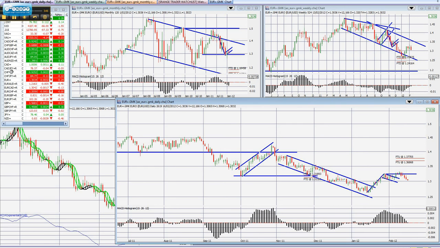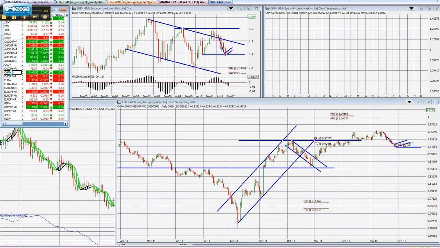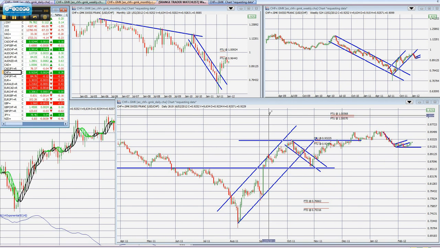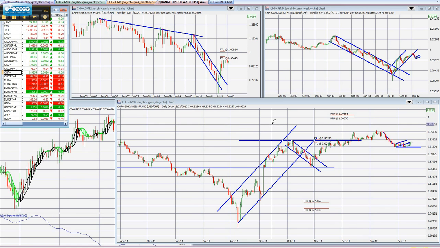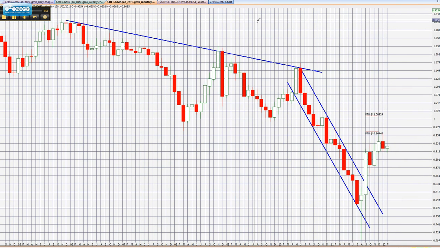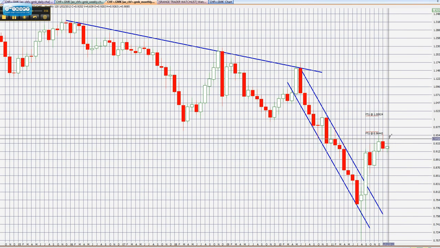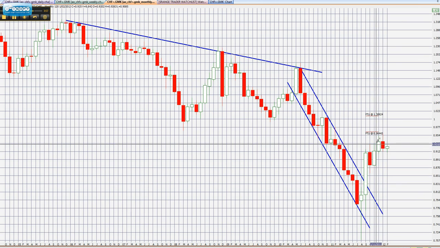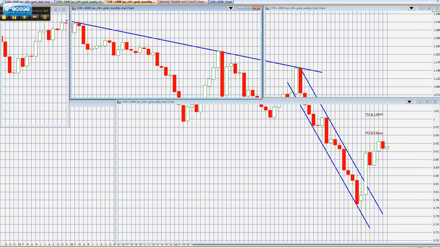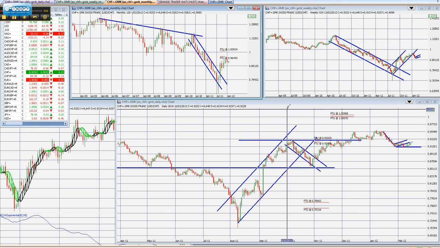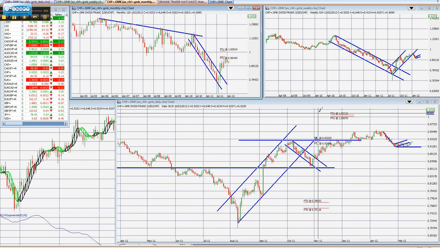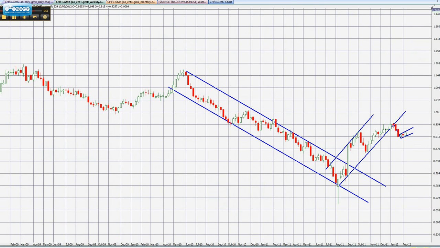And let's go to the Swiss, one of the strongest reserve currencies of all, except for the US dollar. We did hit roughly our 96 mark on the monthly, and now we're retreating, getting stronger again against the US.